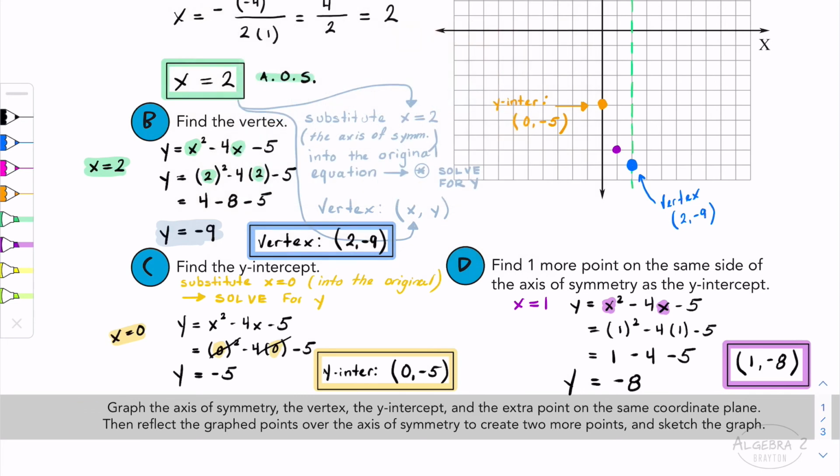So it says, graph the axis of symmetry, the vertex, the y-intercept, and the extra point on the same coordinate plane. Then, this is the important part, then reflect the graphed points over the axis of symmetry to create 2 more points and sketch the graph.